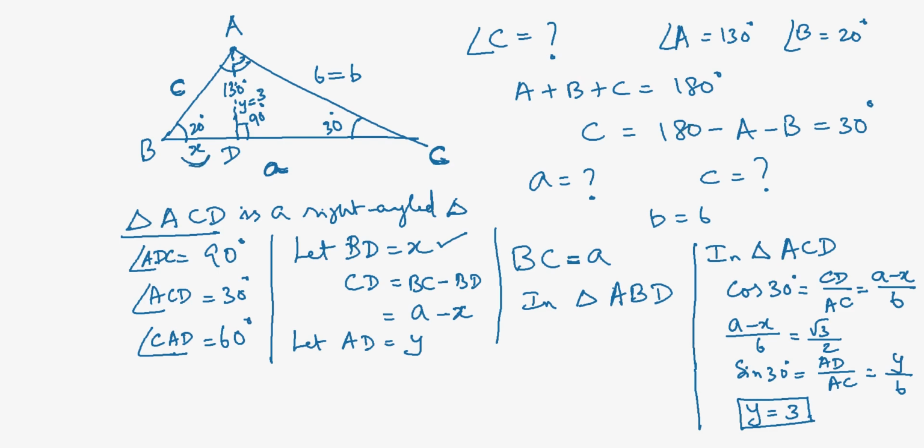The x is an unknown, right? Because we know the y and one angle, according to the angle 20 degrees, y is the opposite side and x is the adjacent side. So if you take tan 20 degrees, that will be AD divided by BD.